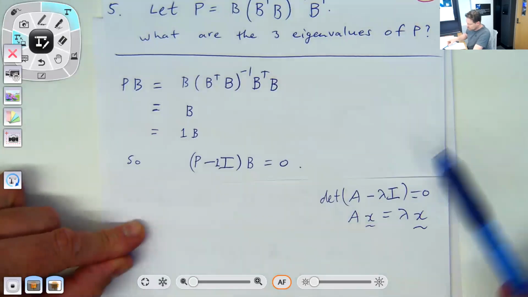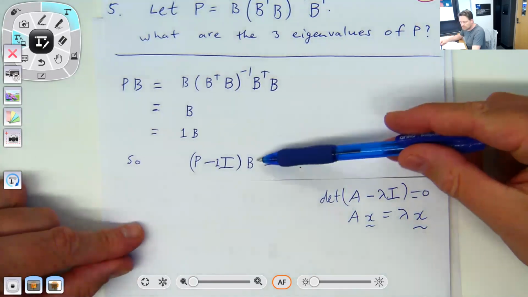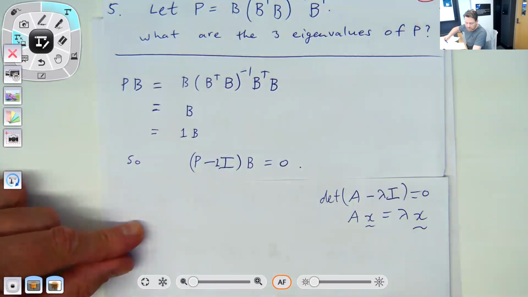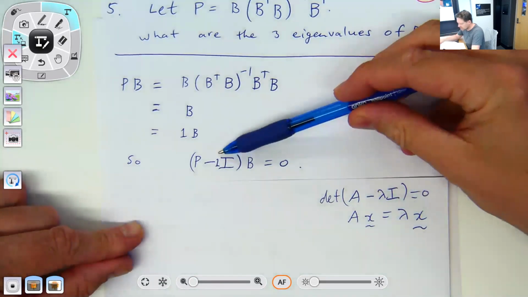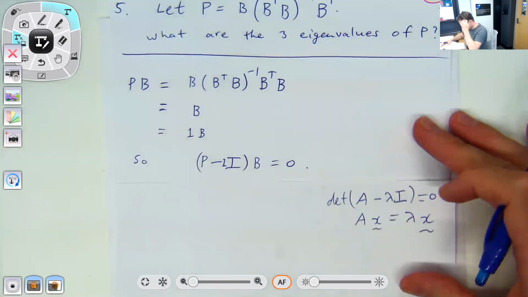So now we take the 1B over to the left-hand side, and so we have equals 0, right? But this B is a 3x2 matrix. It's not a column matrix. So we're not quite there, but we're close. You might imagine, oh, that's an eigenvalue. Well, you've got an observation to make at this point.